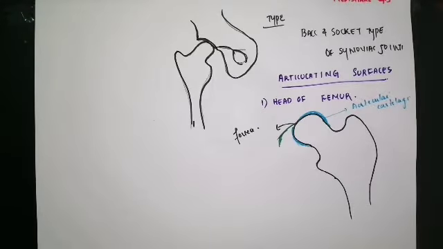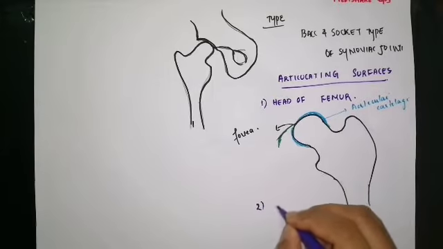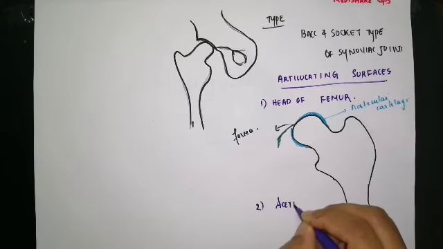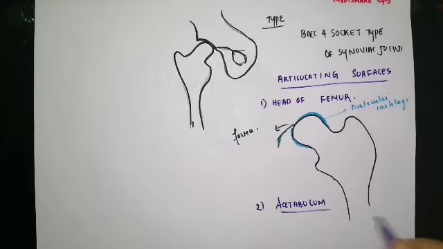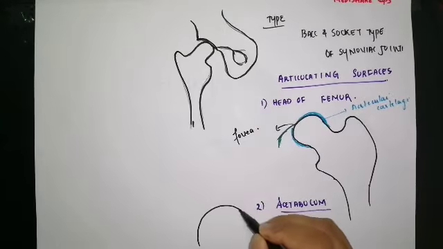Now which is the other articulating surface? That is the acetabulum. Which part of the acetabulum is articulating with the head of the femur for the formation of the hip joint? Let's look at the acetabulum first. If we take the acetabulum, we can see that it is like this.